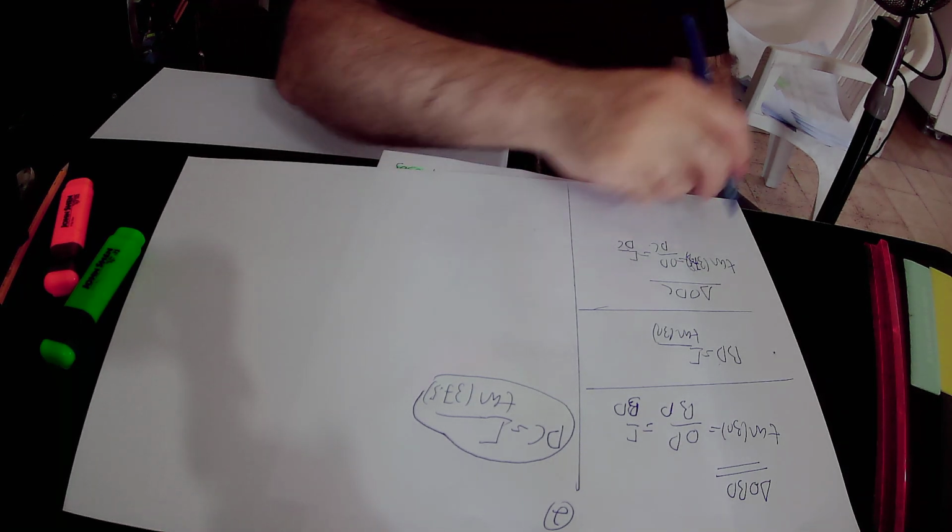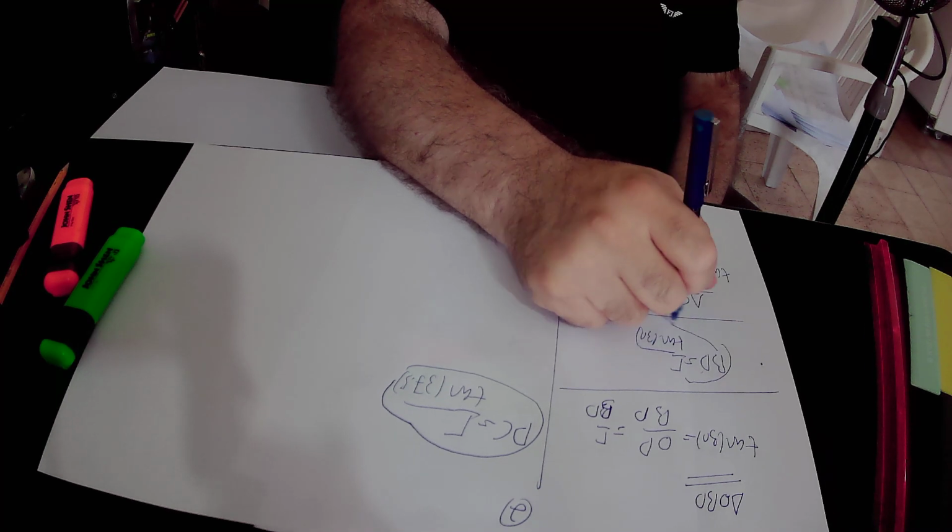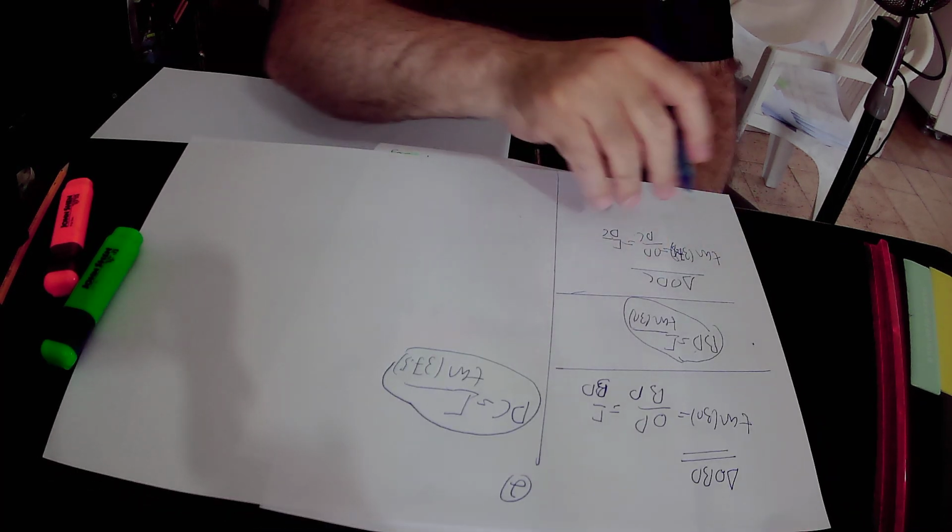Okay, so we have the values of BD and DC.